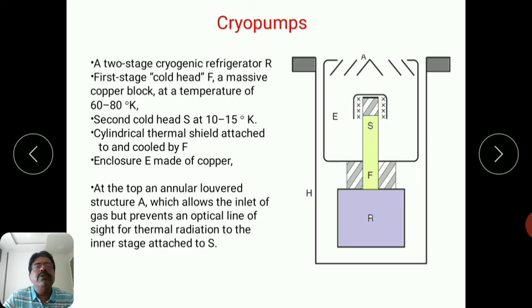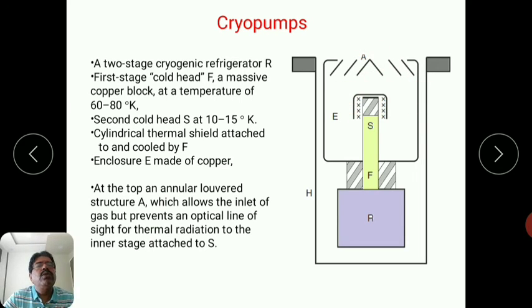Why copper? Because copper is a material which is a good conductor of thermal energy. At the top, it is represented by A. So what is that? That is the annular louver structure. This annular louver structure, you can see, is tapered in a downward direction.